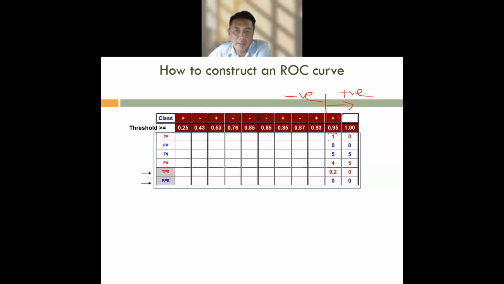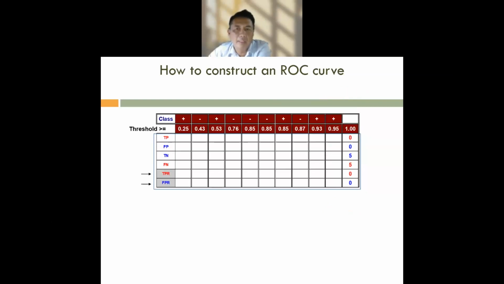True positive will be 1, and then at this side we will have 5 true negative and 4 false negative. Then we can compute the true positive rate here. The true positive rate will be 1 over 5.